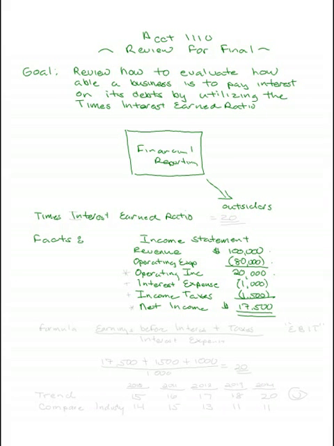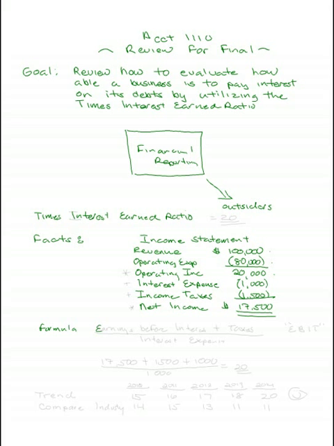We separate interest expense and income taxes out of operating income because they are more administrative or other types of expenses. They're not operating expenses. And the net income for the period is $17,500.